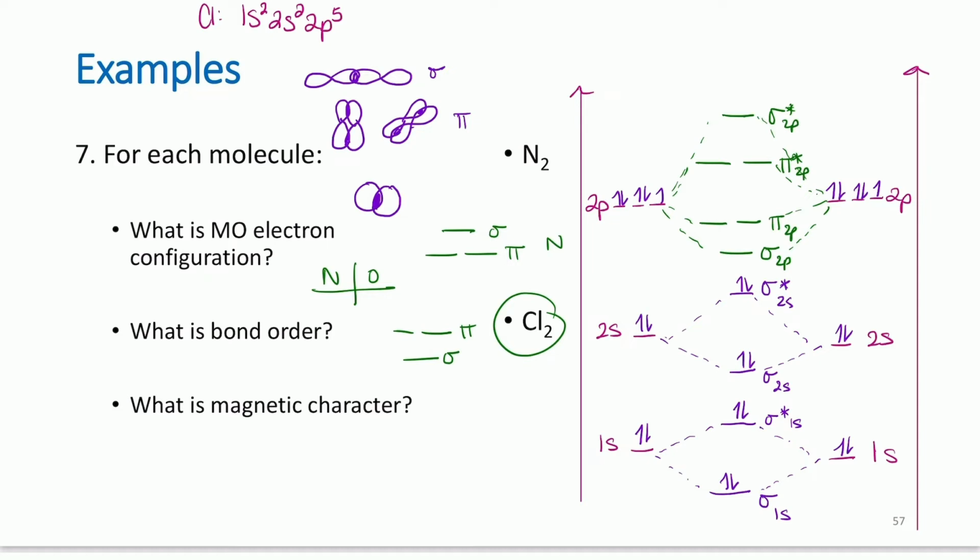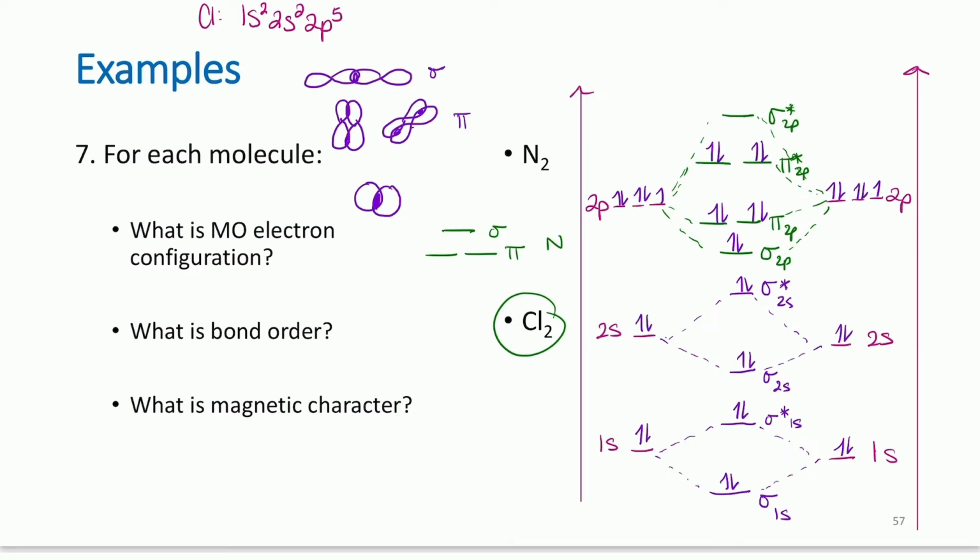Put your electrons in. We have 5 plus 5, so 10 electrons total: 1, 2, 3, 4, 5, 6, 7, 8, 9, and 10. So what is your bond order? Again, I'm going to ignore the 2s and 1s molecular orbitals just because they're going to cancel each other out.